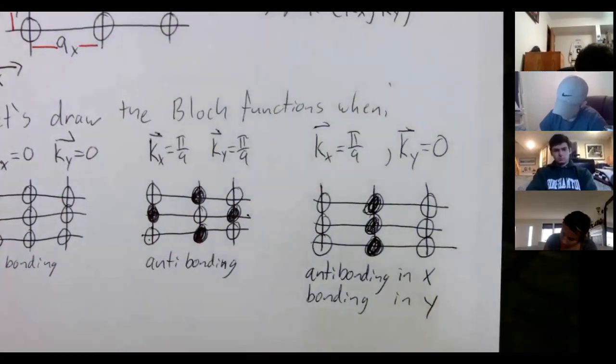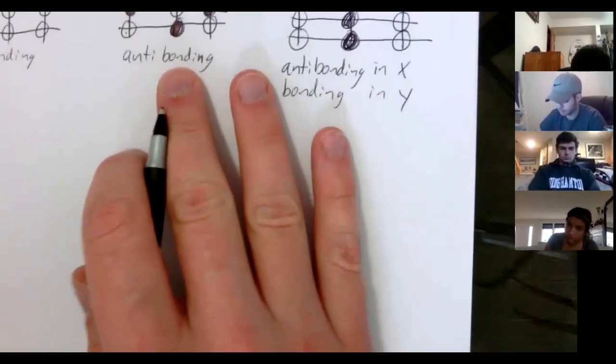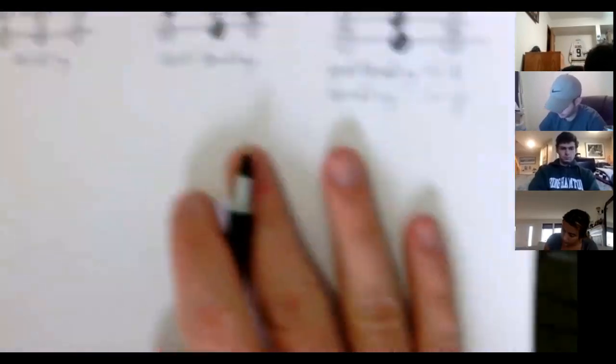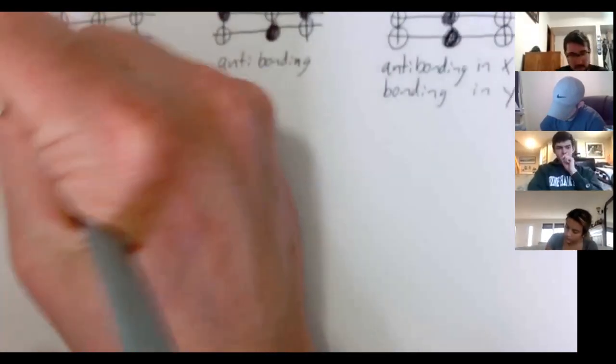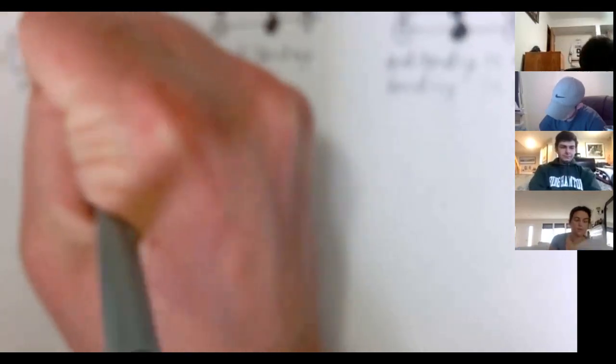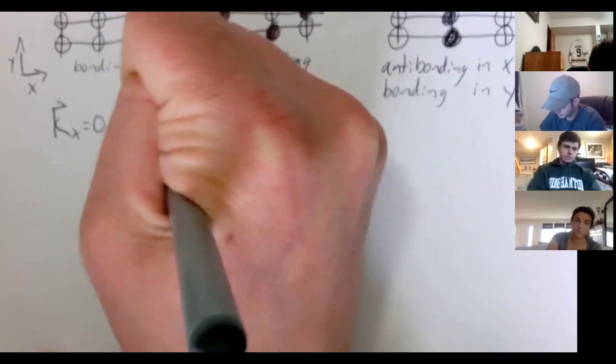Now, if we consider the opposite, we do kx is equal to 0, ky is equal to pi over a.